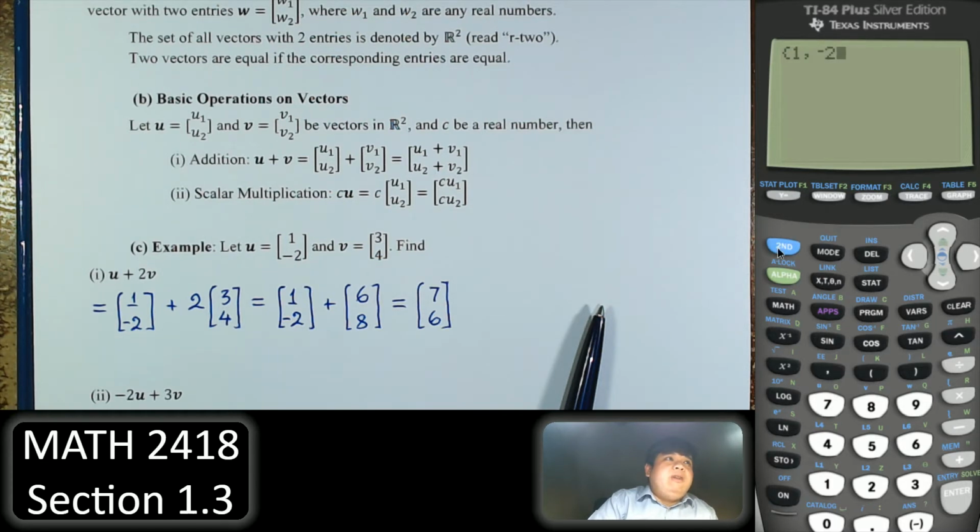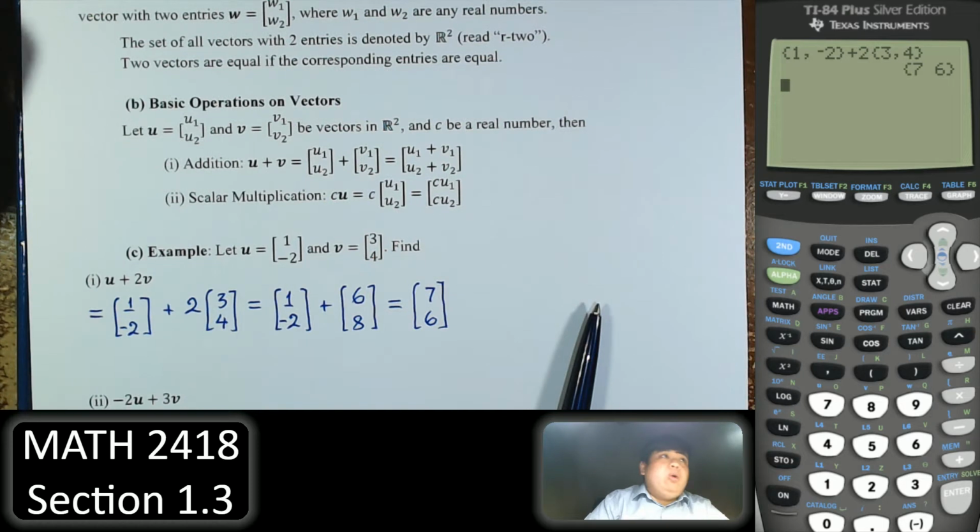This is not a vector, but just a list of 2 numbers. But we're going to add that with 2 times the second list of numbers, 3 and 4. So now we work with a list or a set of numbers. Again, second parentheses to open and close the bracket, with commas here. And of course we have 2 components, so we have the answer. Of course that's not in vector form, but it works similarly. It's just a set of numbers.